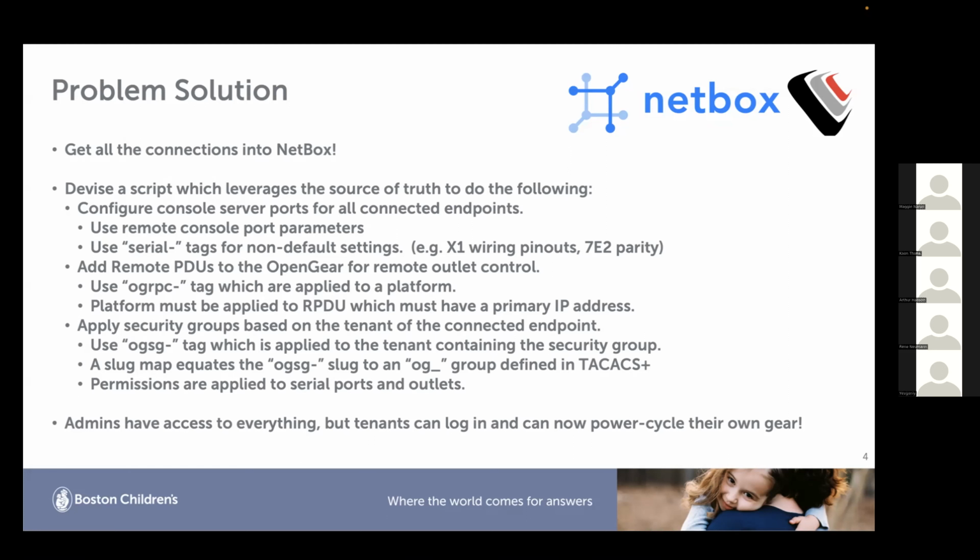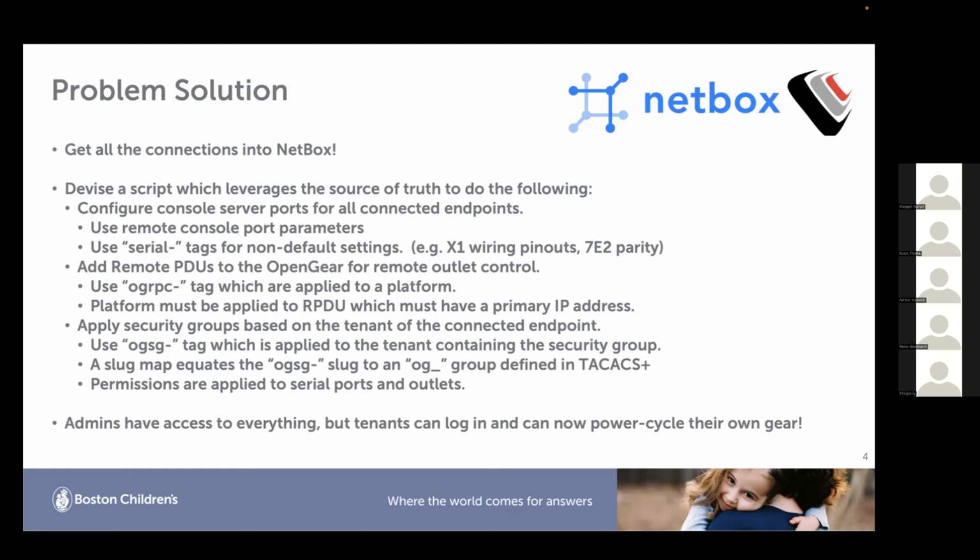We also support non-standard parity with a couple of random devices that'll be like 72, and a couple of other non-defaults. This also configures the RPDUs on the OpenGear, and we use a tag that's applied to the platform. So as long as the RPDU has a primary IP and a platform with an OGRPC tag, then the RPDU can be added. And then finally, security groups are also defined.